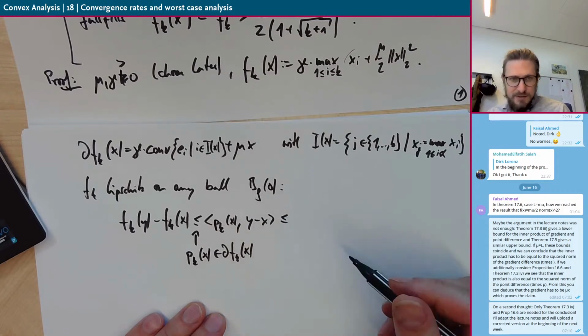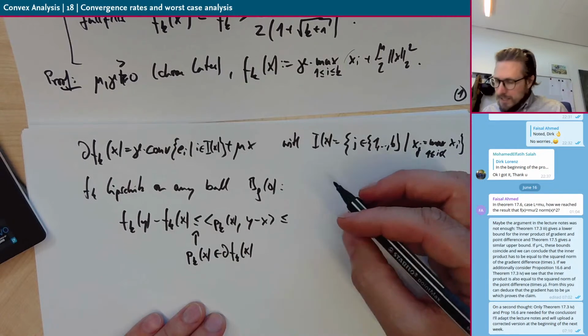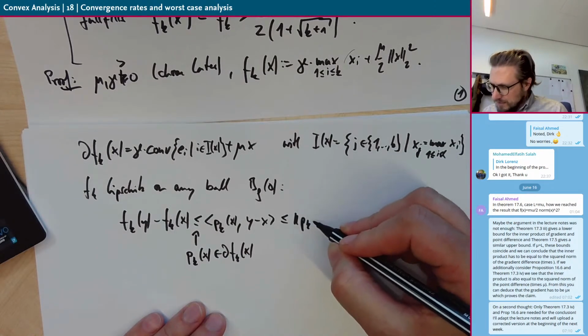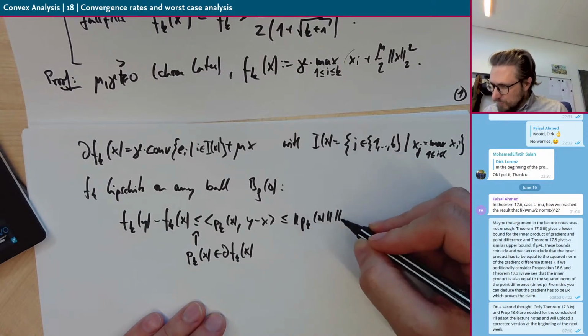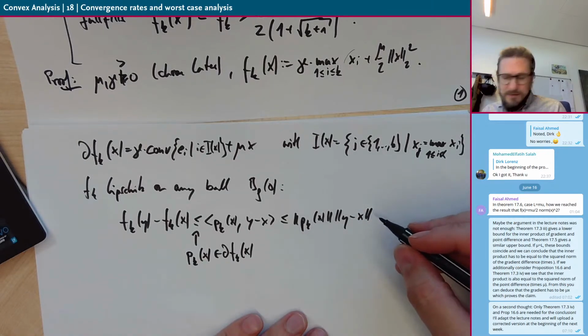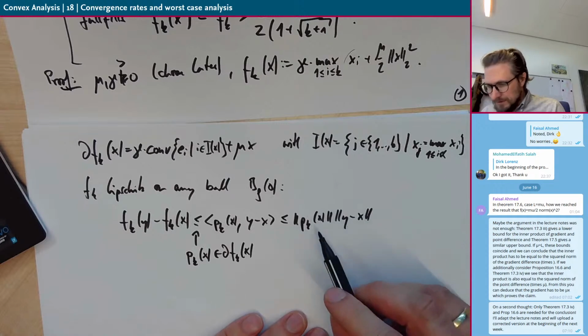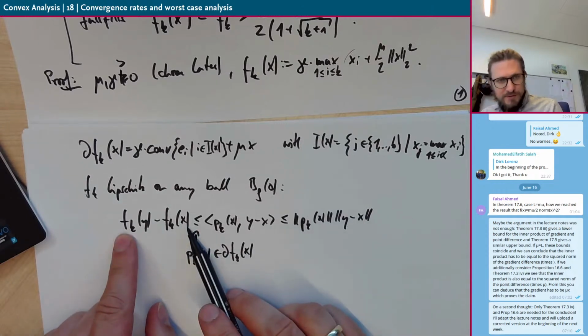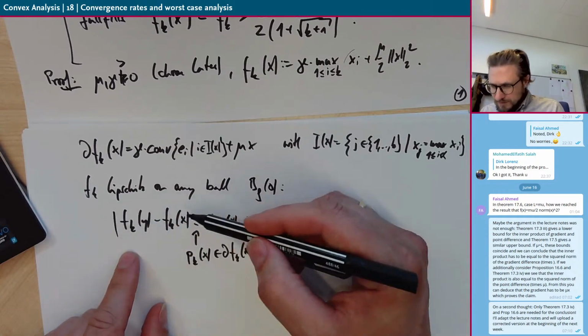And here we just use Cauchy-Schwarz and get pk of x times y minus x, and then c. That's already nice, so we only bounded the distance, so we could also do it like this if you like.